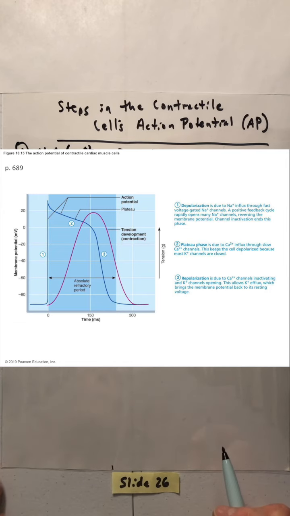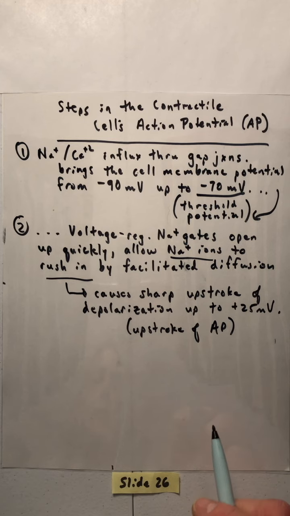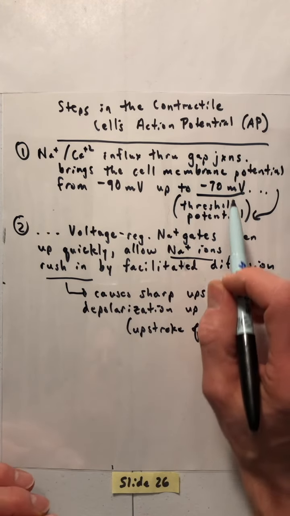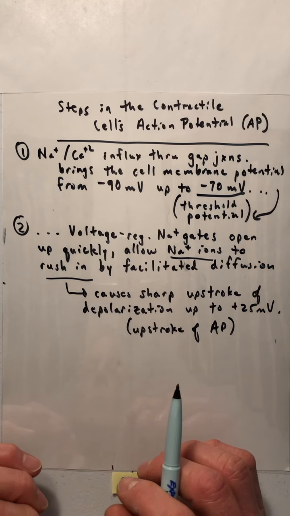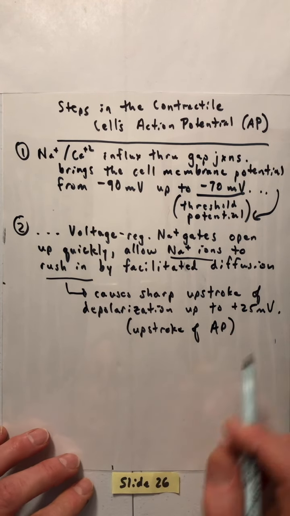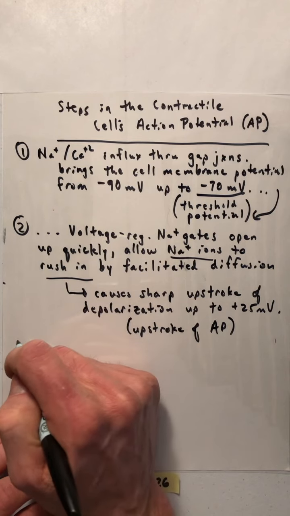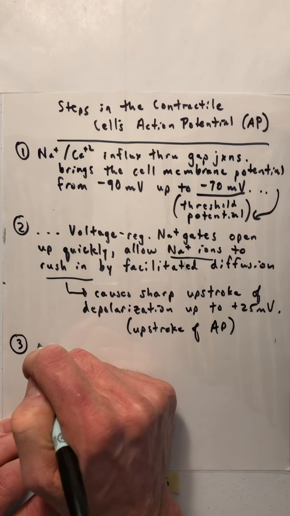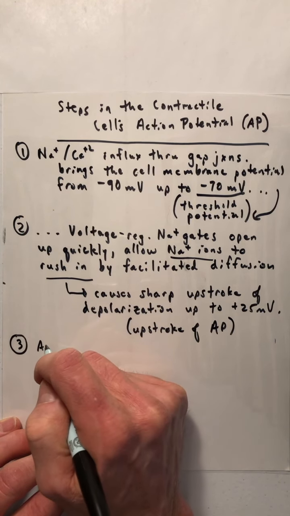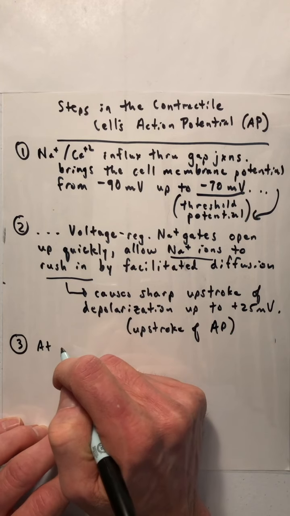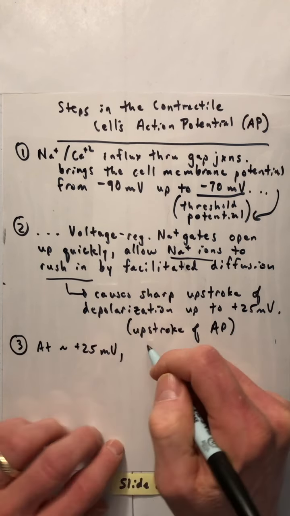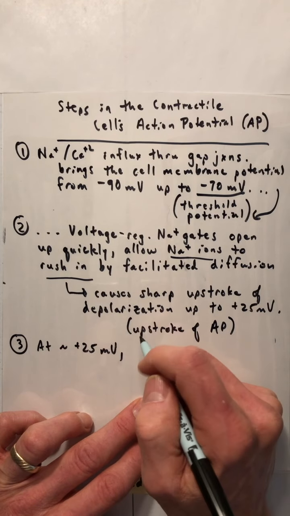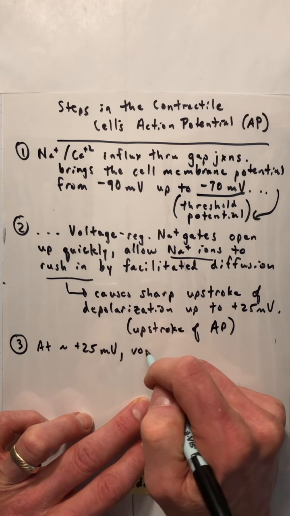But those fast sodium channels, they're voltage regulated. And just as they change shape to open at minus 70 millivolts, they change their shape again to close almost as quickly up at plus 25 millivolts. Again, 25, 30, it varies from cell to cell. We'll just say at approximately plus 25 millivolts, those voltage-regulated sodium gates close again.